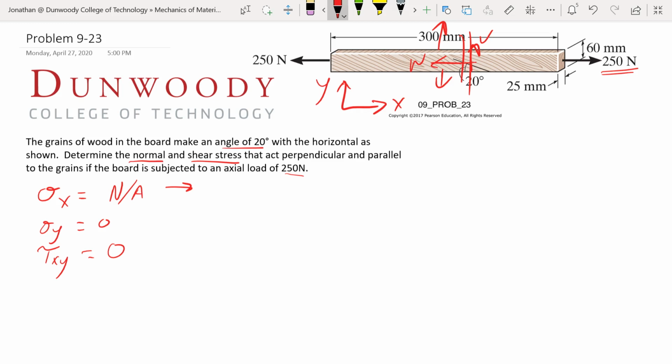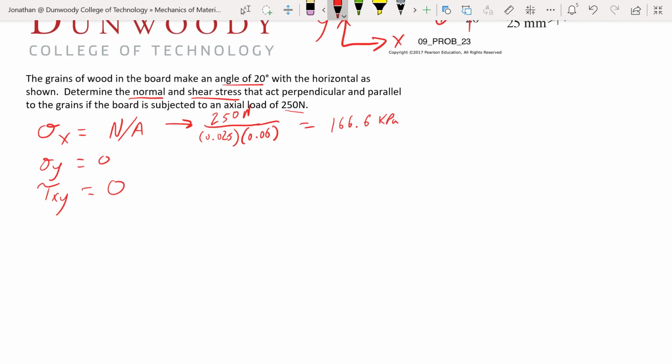So our normal force here is 250 newtons divided by my area, which is going to be 0.025 meters times 0.06 meters. So my stress is 166.6 repeating kilopascal. My original configuration here, not too exciting.